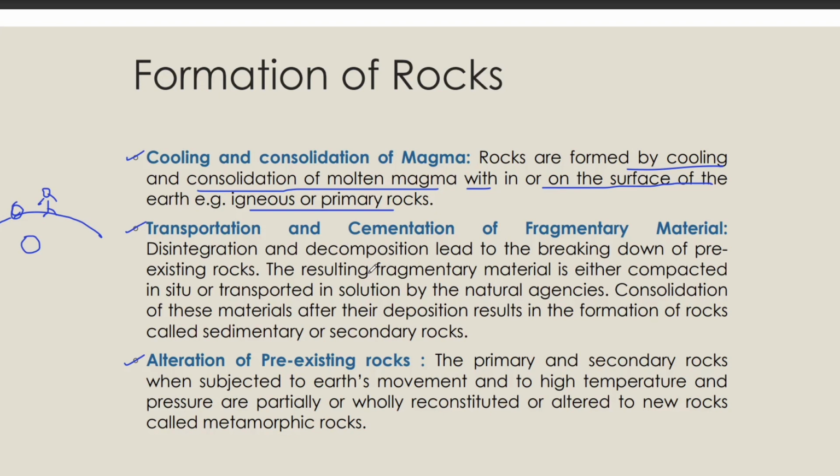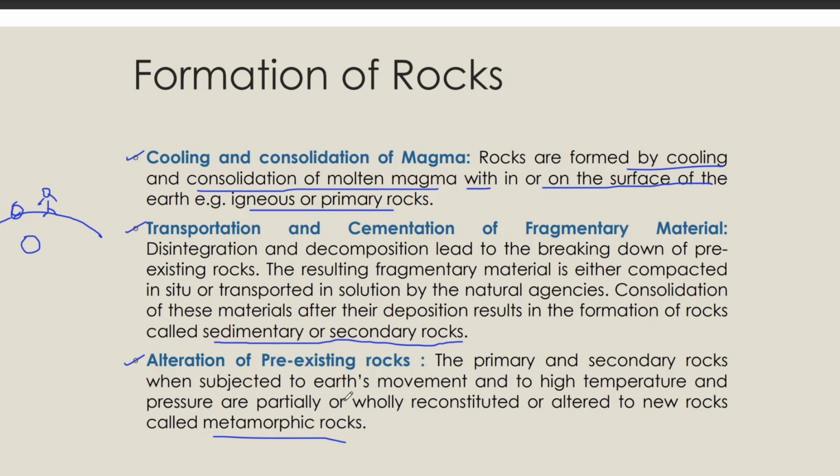So they will form another type of rocks, called sedimentary or secondary rocks. First were the primary rocks, then by breaking and transportation the secondary rocks are formed. After that alteration of pre-existing rocks occurs, and then the third type of rock occurs.